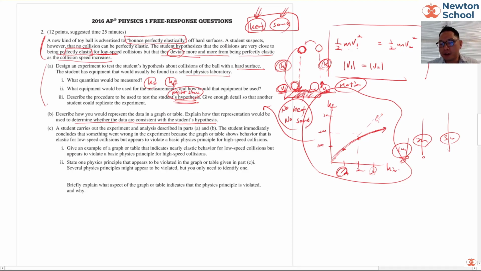If the data somehow came out like this, that means it's elastic. And if you get something like that, which is not possible, that means it's like explosive, like the ball has its own gunpowder and when it bounces it shoots up faster. That's not a normal situation. A student carries out the experiment and analysis, and the student immediately concludes something went wrong.